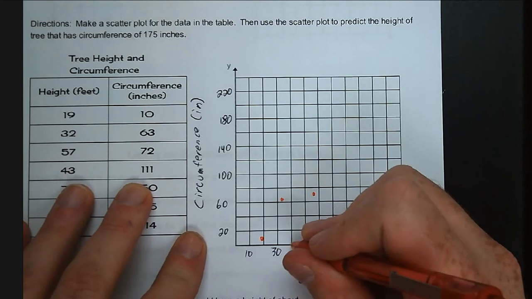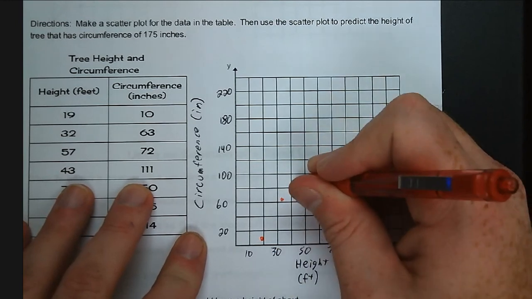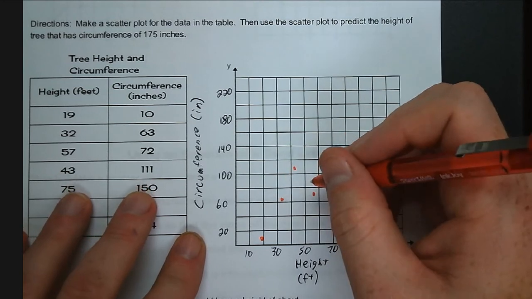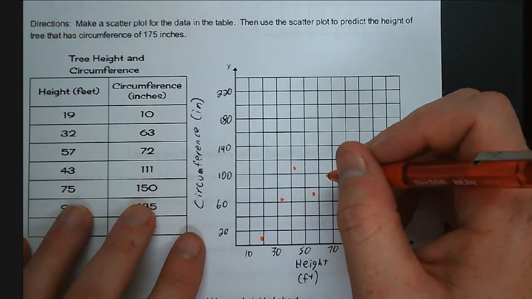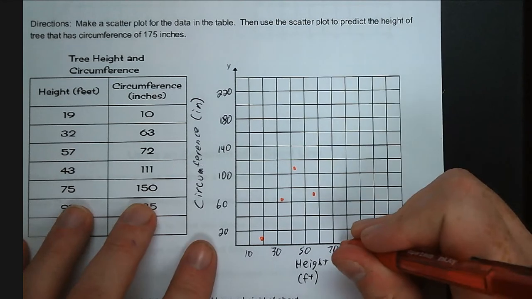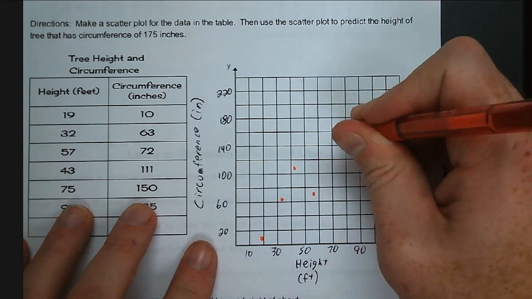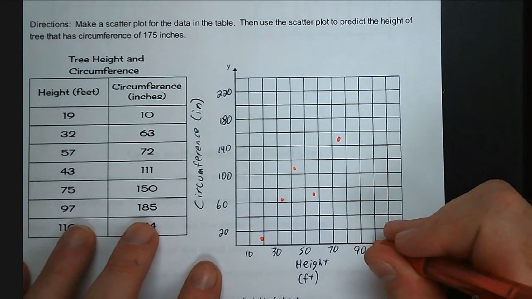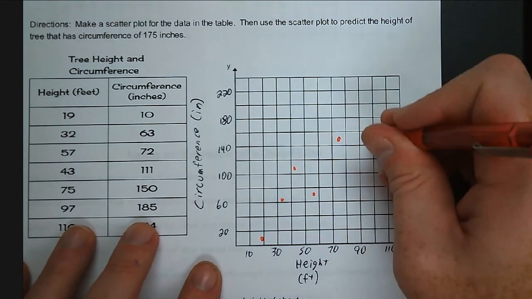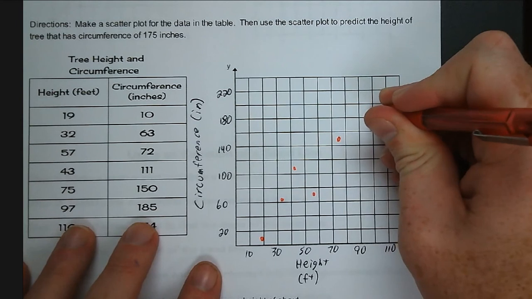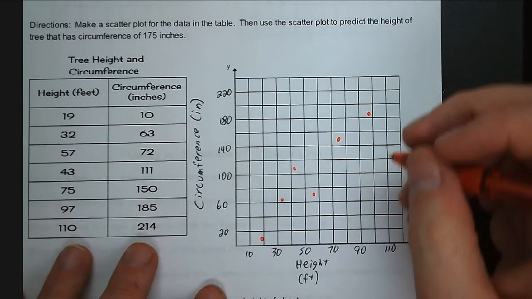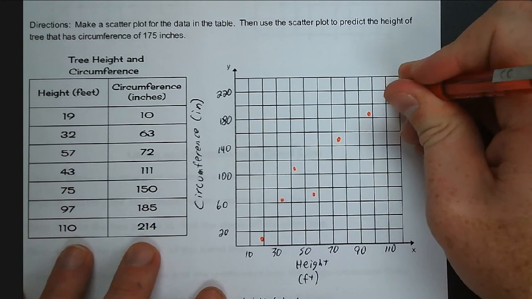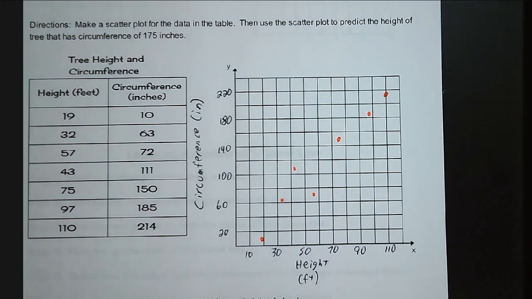It's going to be something like that. 75 and 150. 97 and 185. And 110 and 214.